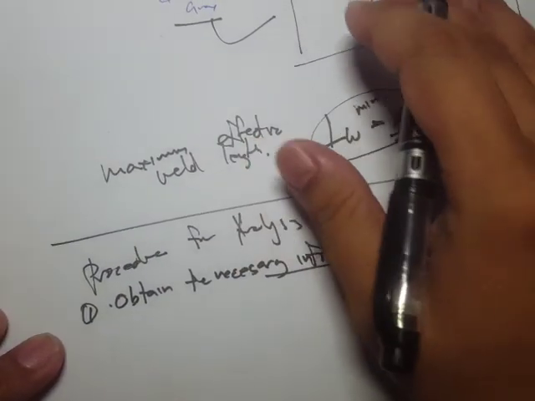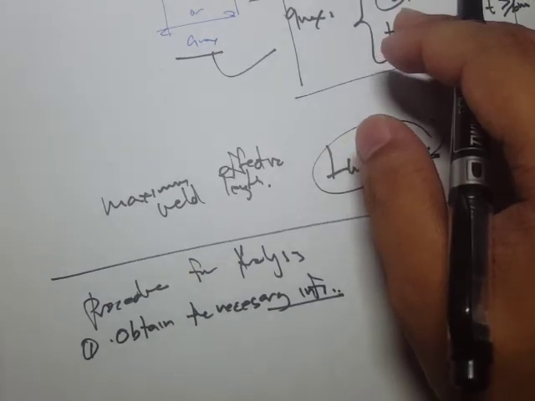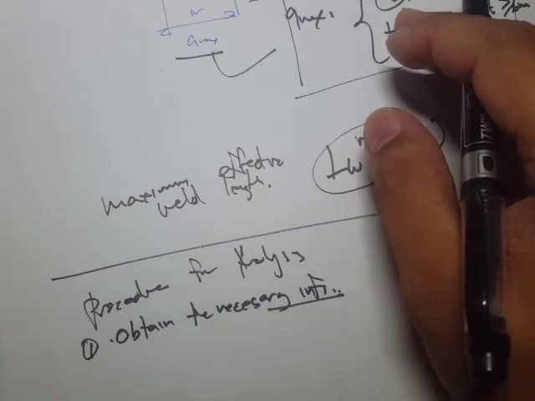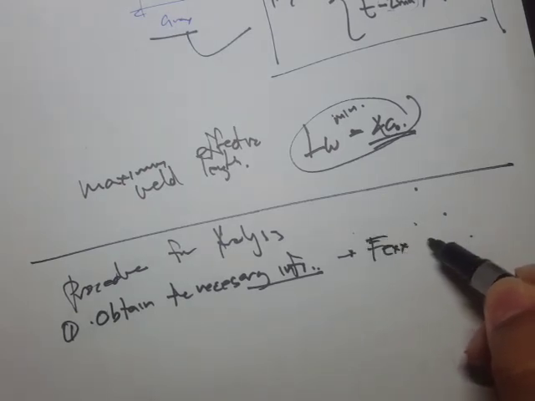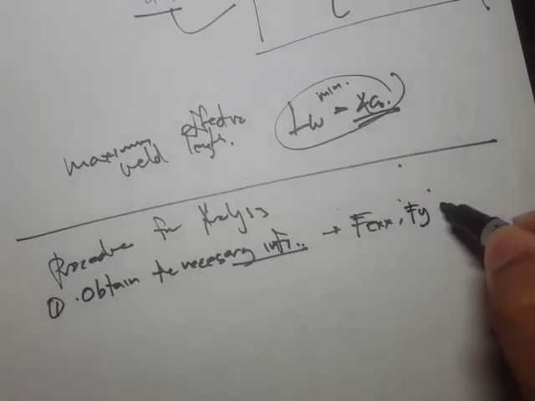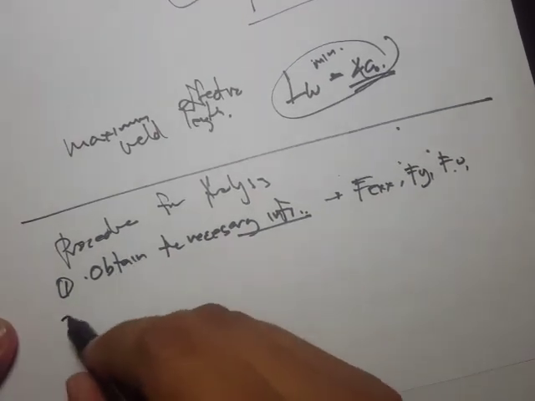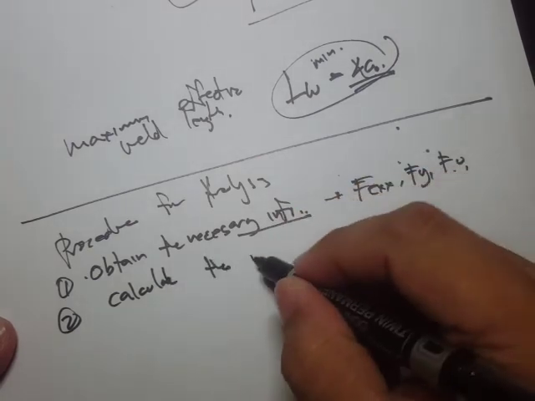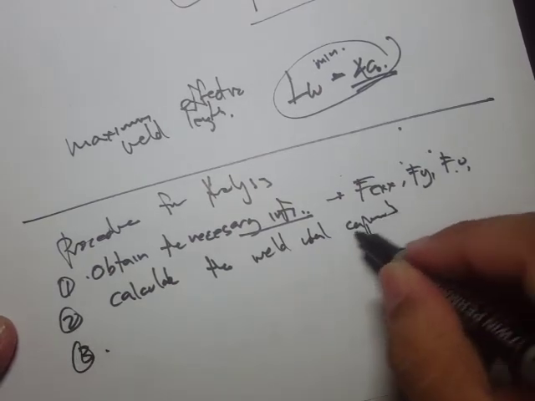For example, we have a problem and it says we have an E7018 welding rod, I mean the welded joint, and then the base material is A36. Then we have to find what the FEXX is, and what the Fy or Fu of the base metal is. Once you have obtained that, then you have to calculate the weld metal capacity.